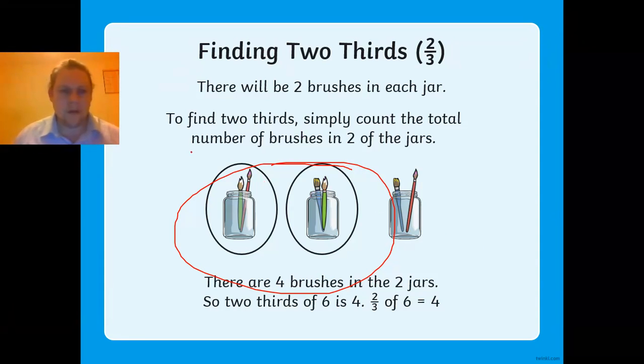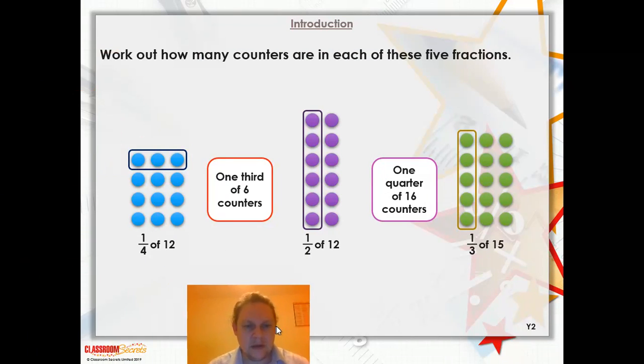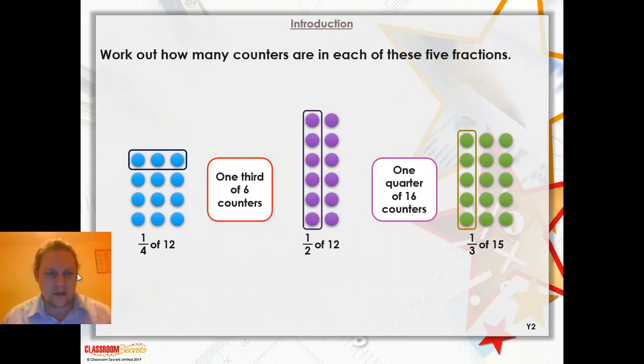All right. Let's have a look at these ones now. See if we can get the answers. Work out how many counters are in each of these 5 fractions. Okay, 1/4 of 12.